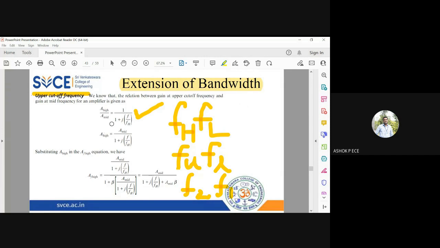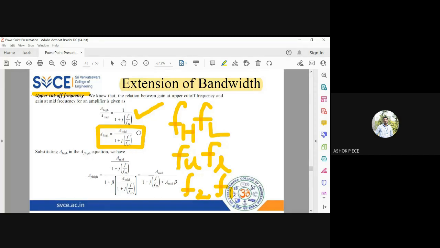Cross multiply: A high equals A mid by 1 plus j into F by FH. So I have the gain of the amplifier in the high frequency region without feedback. To find the gain with feedback, I'll use the formula AF equals A by 1 plus A beta. Instead of A, I will use A high, so A high by 1 plus beta into A high.